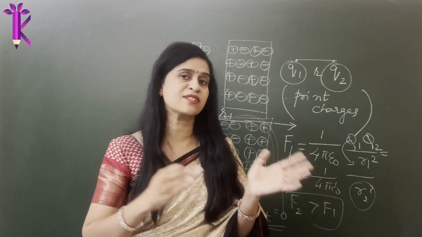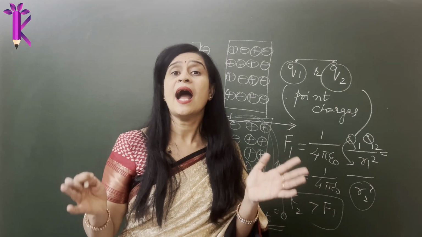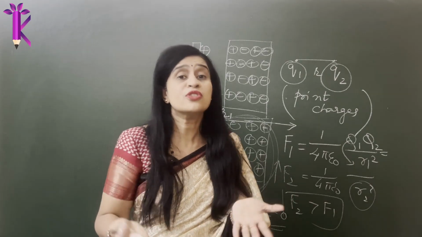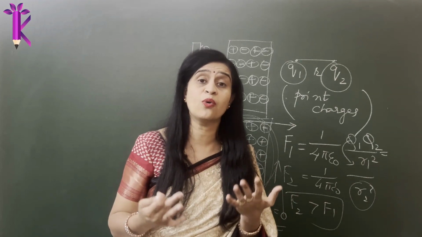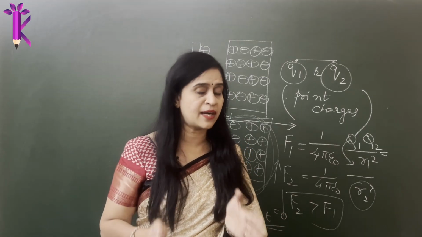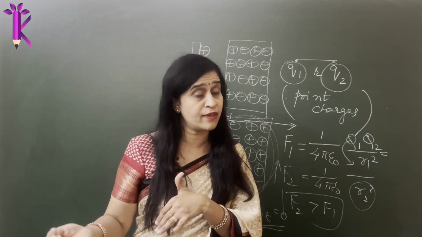So the repulsive force and the attractive force played a role in charging a conductor which had a net charge of 0, but it was so simple, though it looked complicated when the scenario was given, right? So it is essential to understand these fundamentals of electrostatics before you proceed further and start solving problems.